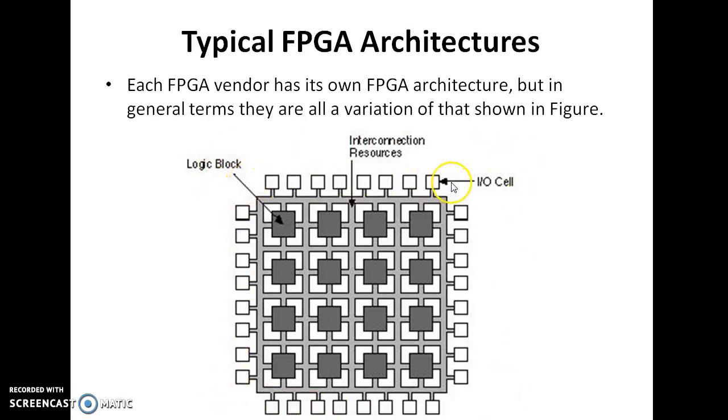The perimeter of the FPGA consists of I/O cells, and the core of the FPGA consists of logic blocks. The function of logic blocks is to realize the circuit functionality. And these lines are the interconnecting lines, or interconnection resources. So this is a typical FPGA architecture, you have to remember this.